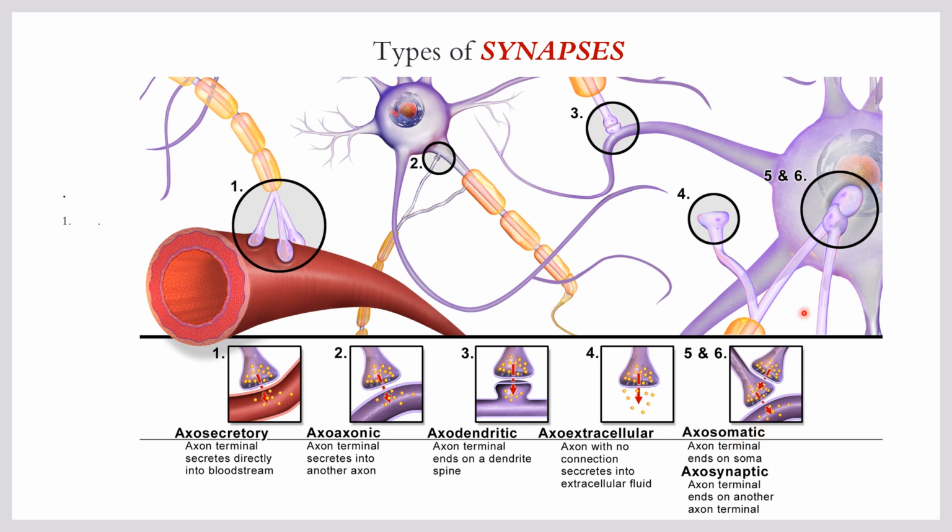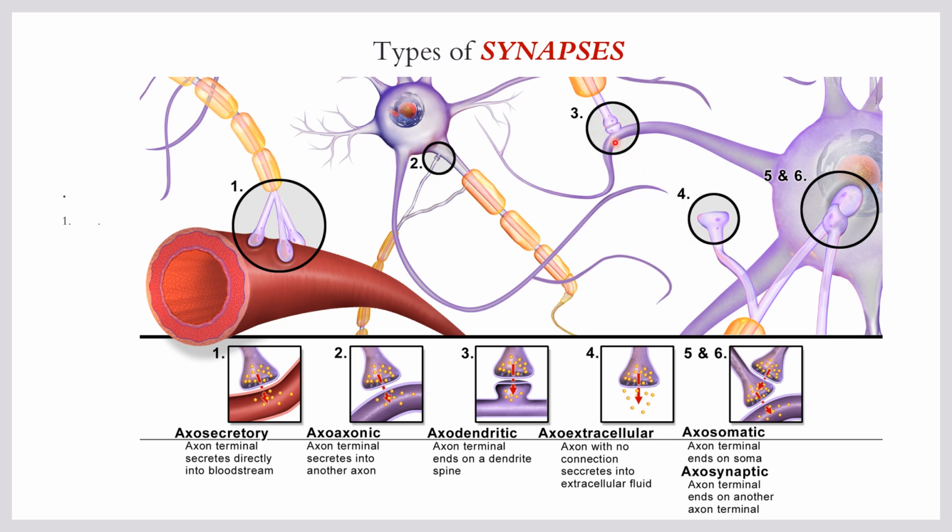It's the connection between an axon and the soma. We also have the extracellular connection, when the axon with no connection secretes into extracellular fluid. We can also have axodendritic synapses, when the axon terminal ends on a dendritic spine.